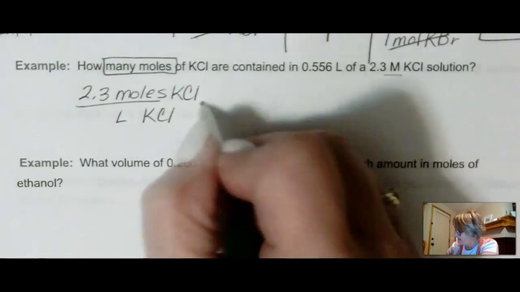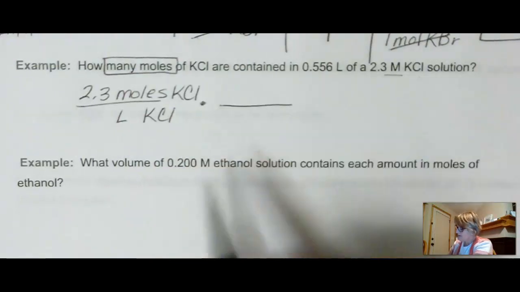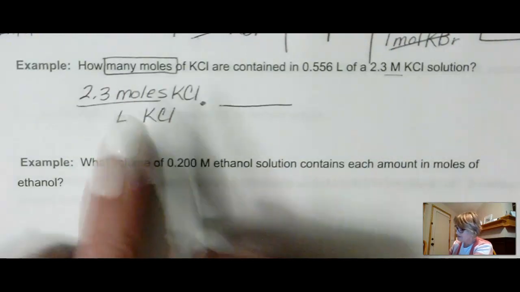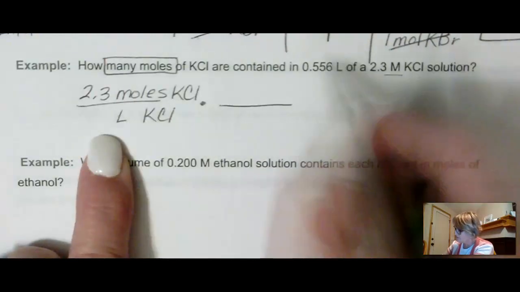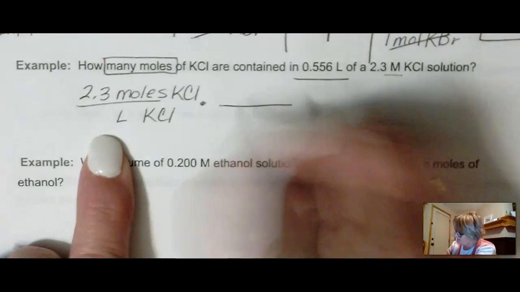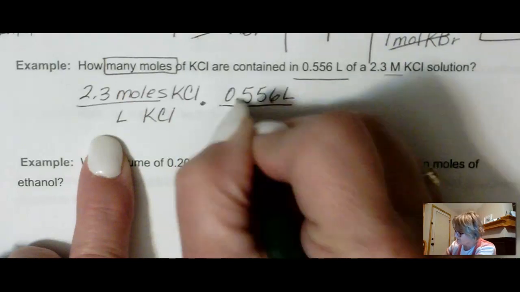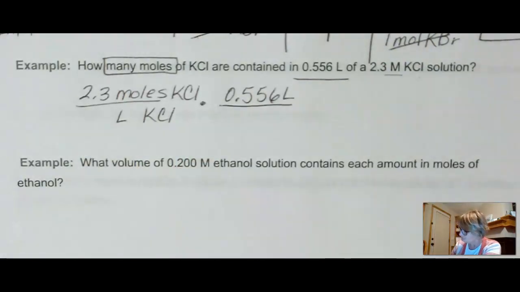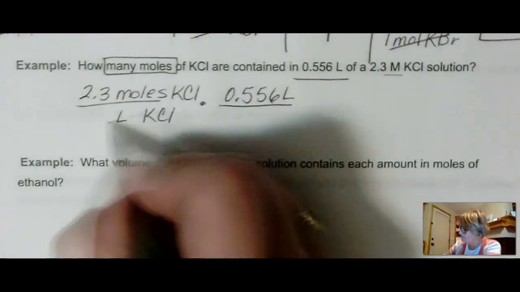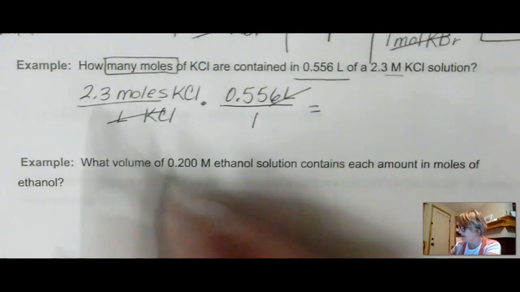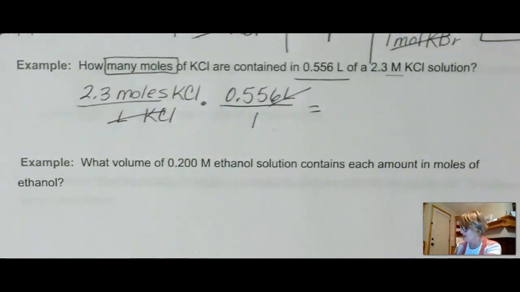When I go to my next problem, I know I want moles as an answer, so that's already there. I need to get rid of the liters. Here's my liters number, and it's already in liters, not milliliters, this time. So 556 liters. There's your cancellation, and if you want to put that over 1, you can. Now it's just a multiplication straight across.